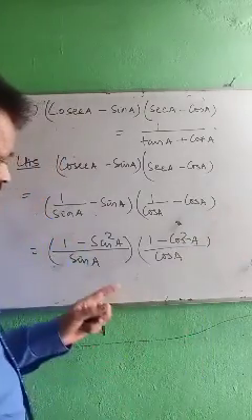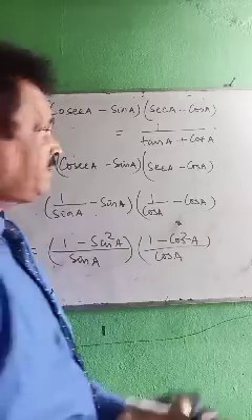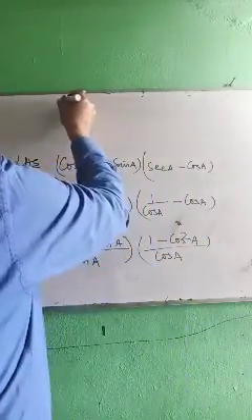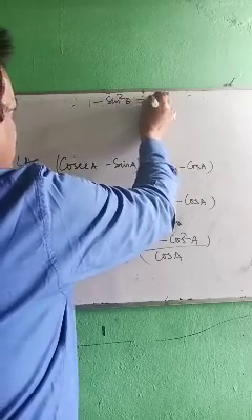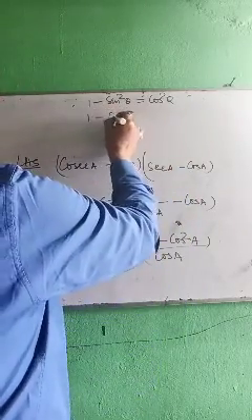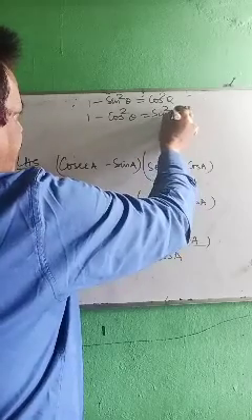Look, I have given you a formula. What is the formula I have given you? 1 minus sin square theta is cos square theta. Theta means angle here. 1 minus cos square theta is sin square theta.